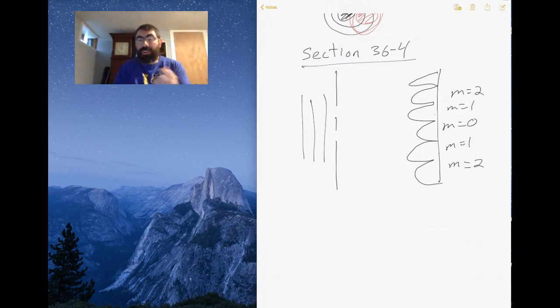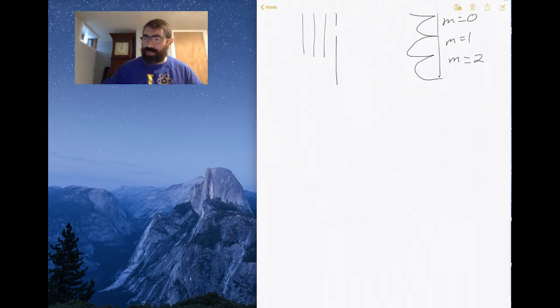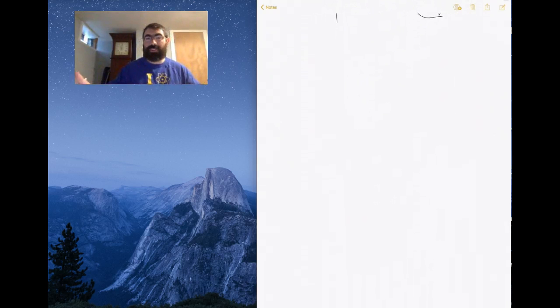But each of those slits in the double slit experiment can be considered a single slit. And so what I really see is a convolution of single slit intensity and double slit intensity, depending on how big the gap D is compared to the width of the slits A.